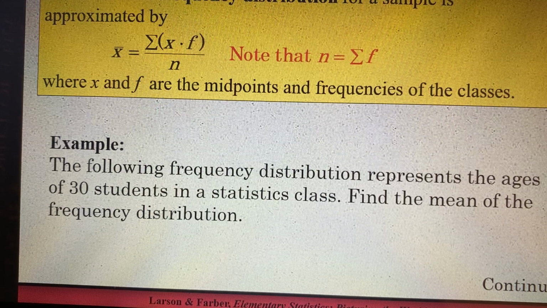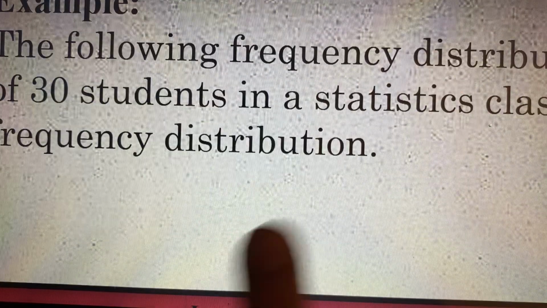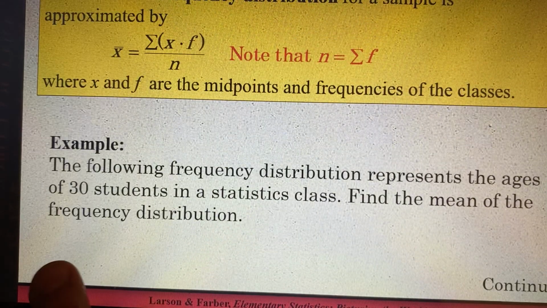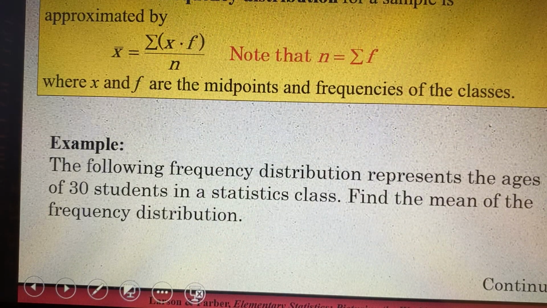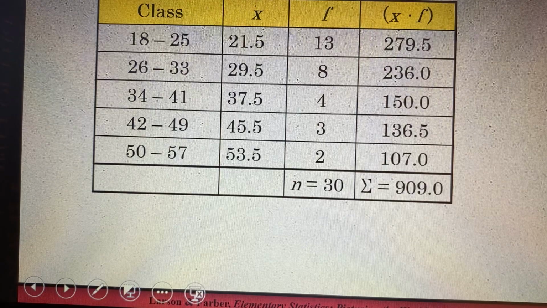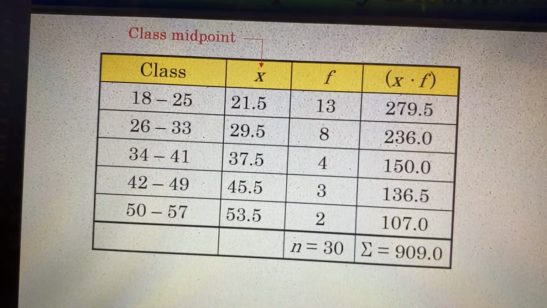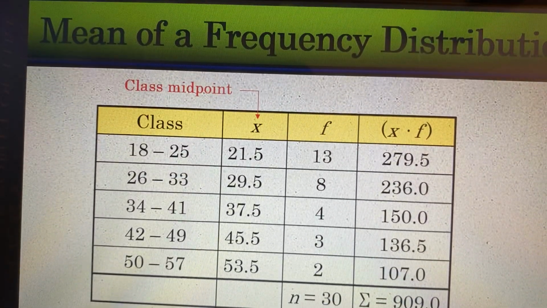The following frequency distribution represents the ages of 30 students in a statistics class. Find the mean of the frequency distribution. So sometimes data is presented in classes.